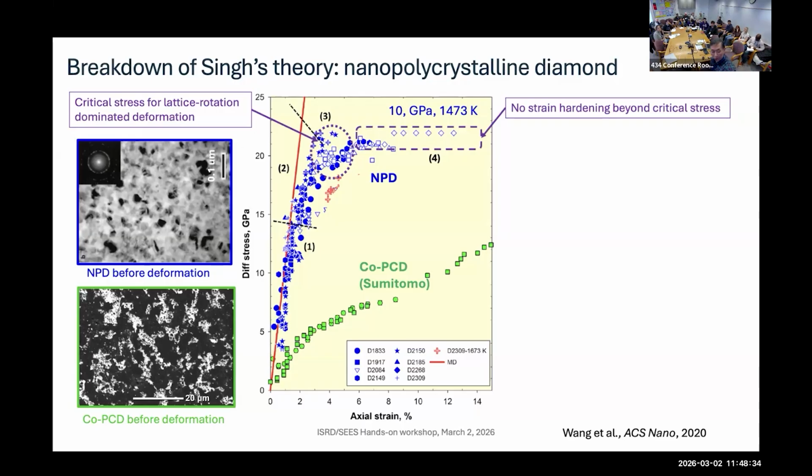As you deform the sample, the stress-strain curve goes straight up parallel to the elastic constant first, and then starts to yield, and then eventually saturates. Overall, this stress is about 3 times that of typical commercialized polycrystalline diamonds.